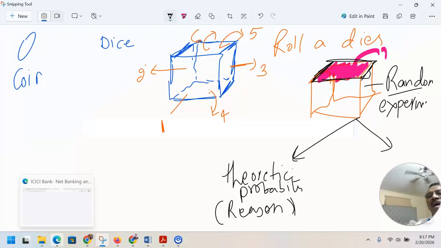Theoretically, we can reason that since there are six of them, if you go on rolling this die some number of times, let me take that example later, because I just wanted to show here.